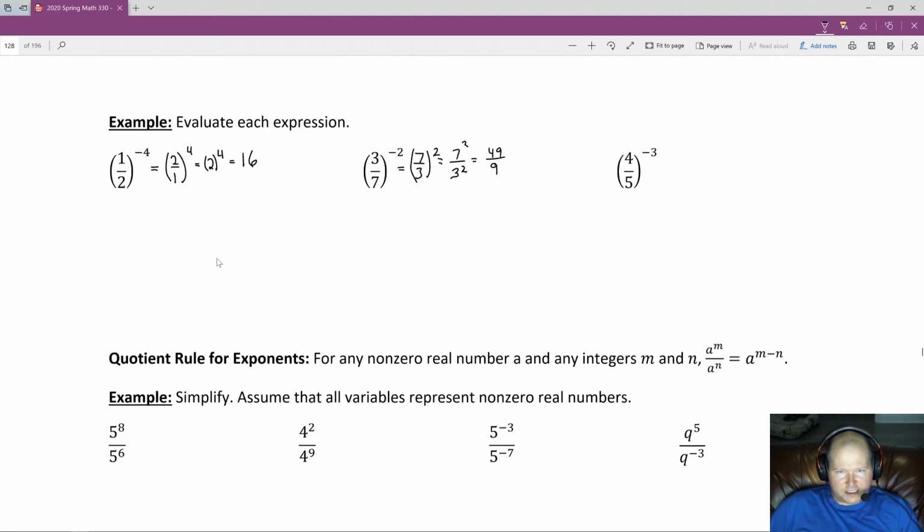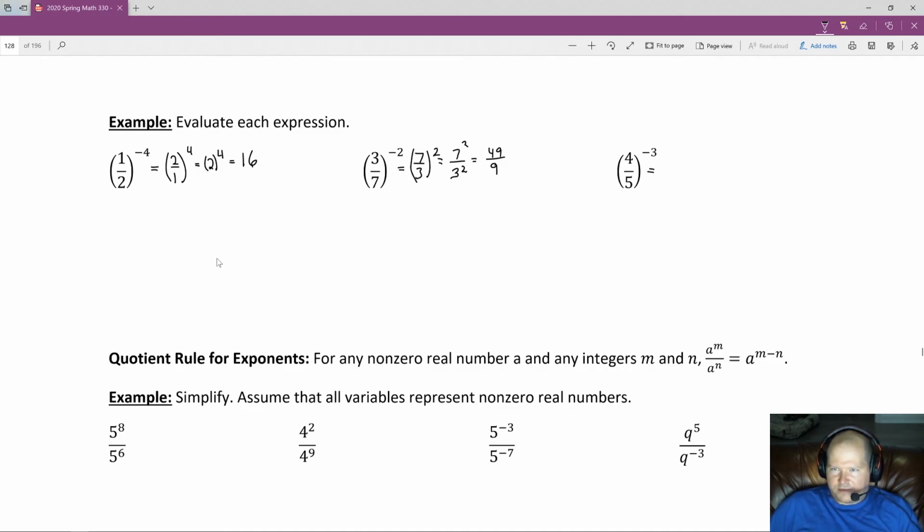Now, nothing's going to cancel. You can see in the factored form that it wasn't going to cancel anyways. We have 7s in the numerator, we have 3s in the denominator. There's no like factors in the numerator and the denominator to cancel. And, of course, there's no greatest common factor between 49 and 9 except 1, so this is in simplified form as a fraction. So we'll move on to the next one.